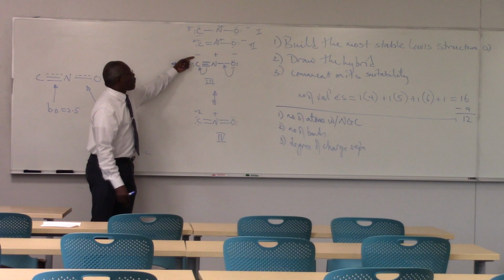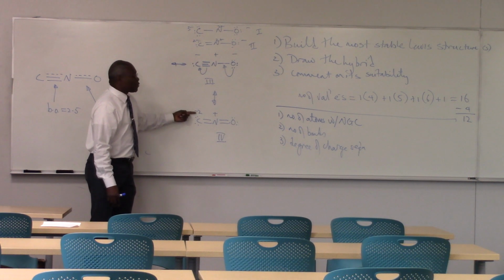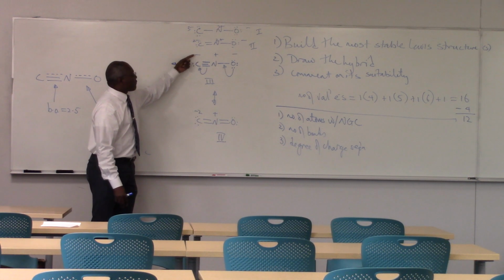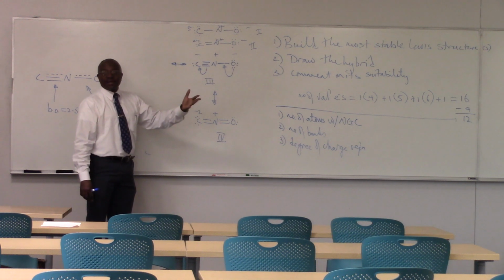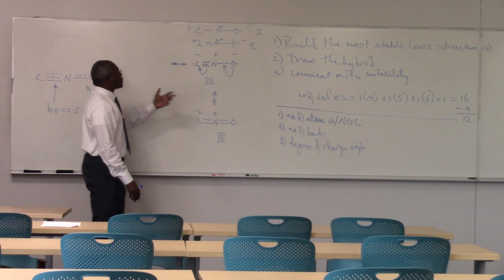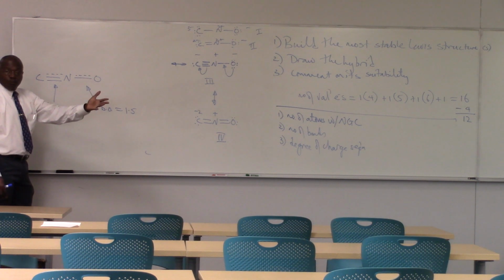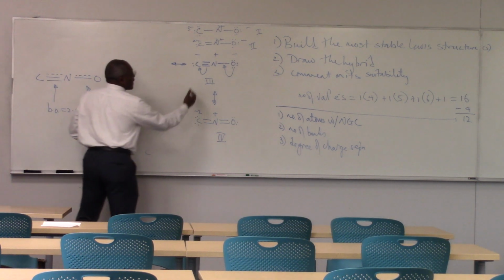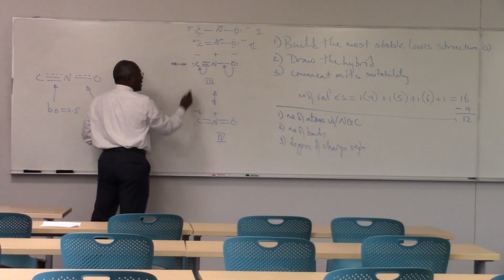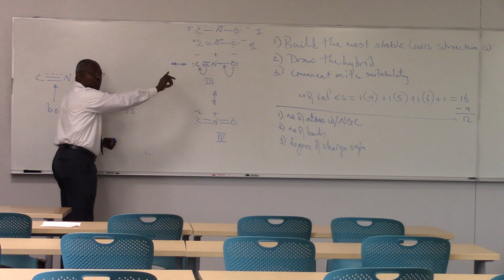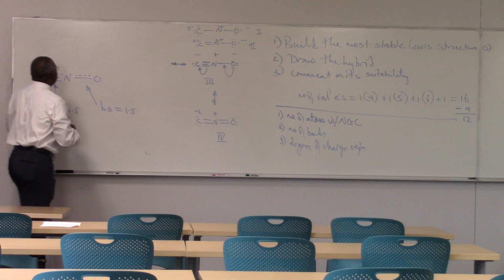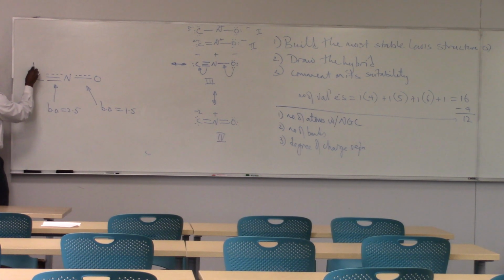Put another way, if I add negative 1 and negative 2, and divide by 2, because they're two structures, that's negative 1.5. So the charge on this is minus 1.5.